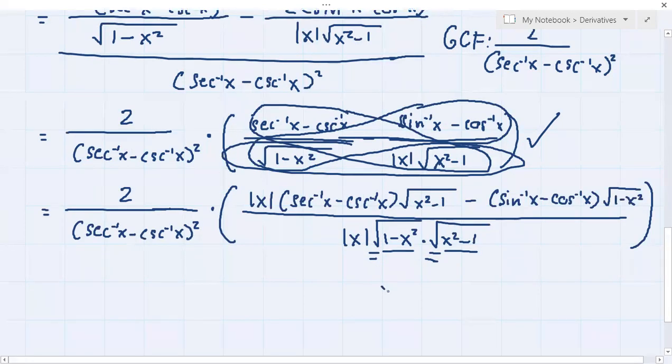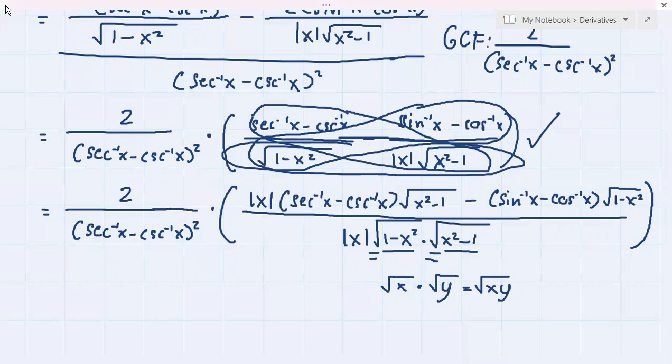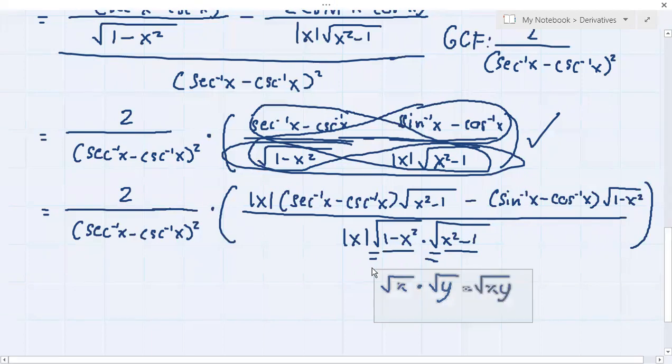Parang ganito to eh. Square root of x times square root of y. As you can see, merong square root si x, di ba? At merong square root si y. So both of them may square roots. So why not ipagsama na lang natin silang dalawa? Magiging square root of x times y. Gets nyo? So, despite na magkaiba sila sa loob, pares naman silang may square root, so why not ipagsama na lang natin silang dalawa?